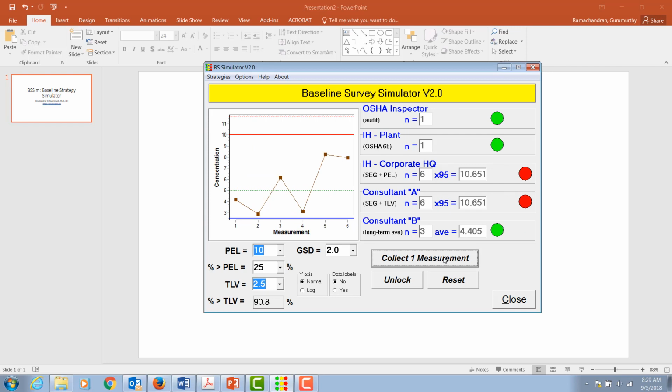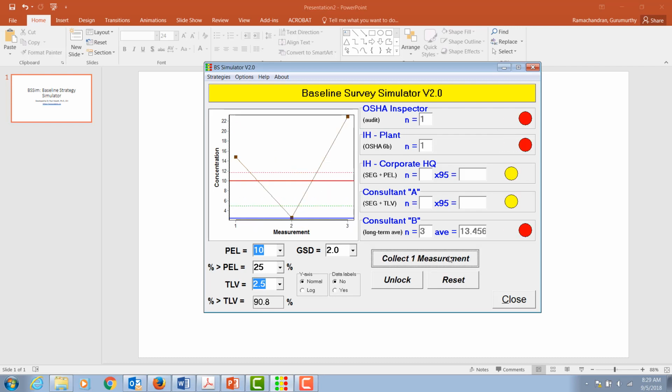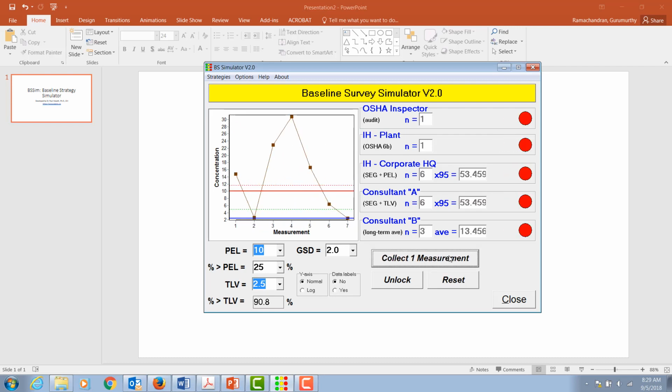And here now, again, the same 3, the OSHA inspector, the IH plant who's using the PEL and the action limit for a strategy, and consultant B are making the wrong decision. And here, again, by a stroke of luck, everybody is making the correct decision and declaring this an unacceptable scenario.